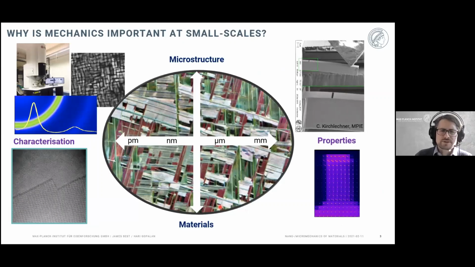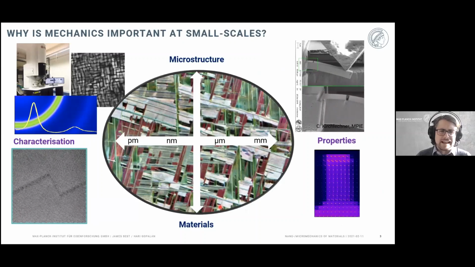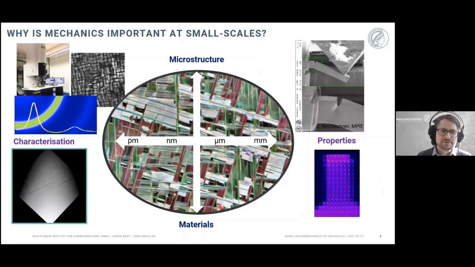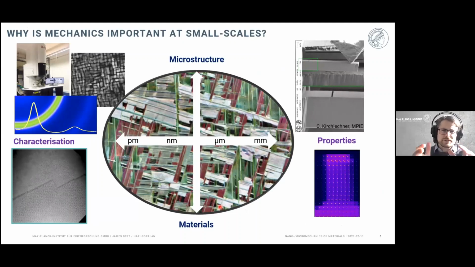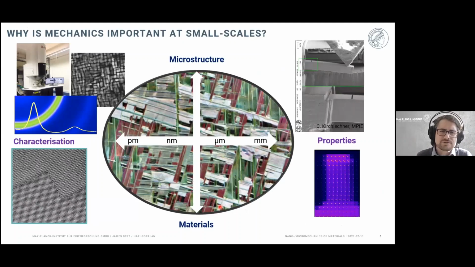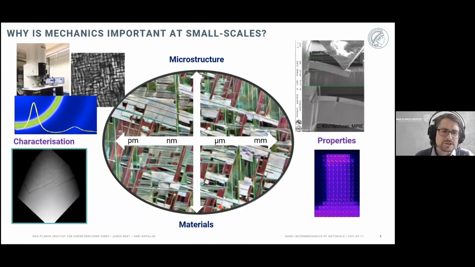So when I say small-scale mechanics, I mean nano-microscale mechanics of materials. As Hari showed on that last slide, this crystal lattice is a combination of atoms arranged into an ordered structure.